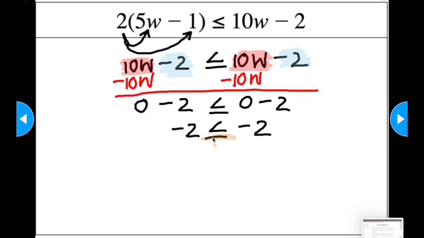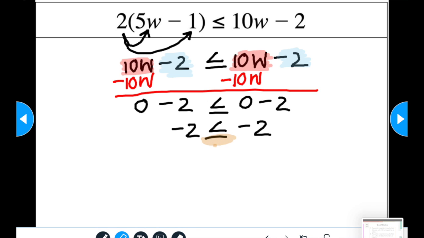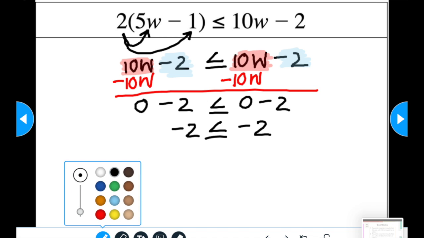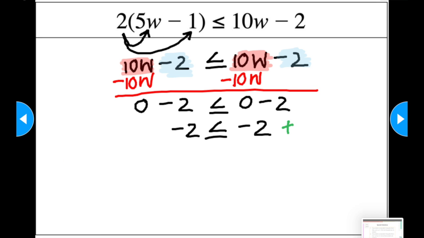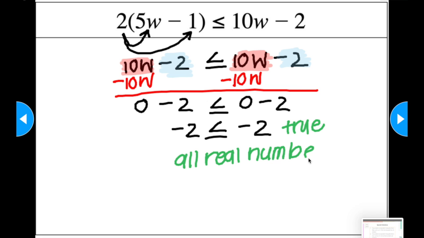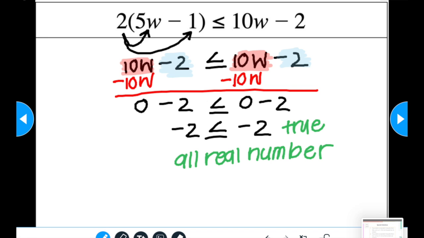And the fact that we do have this equal bar means that this statement is still true. So I'm going to write here that it is a true statement. And the answer is all real numbers, because negative 2 is equal to negative 2.